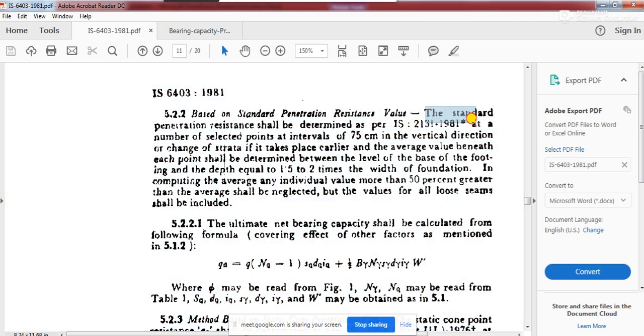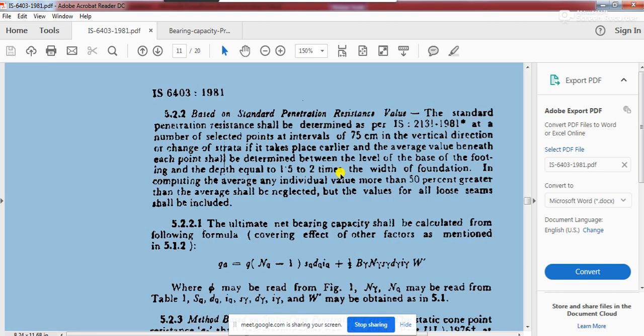If it is a cohesionless soil, then see what the Indian Standard Code is saying. The standard penetration resistance shall be determined as per IS 2131 1981. The process for determining the standard penetration resistance value is given in the code; in a separate class I will discuss it.